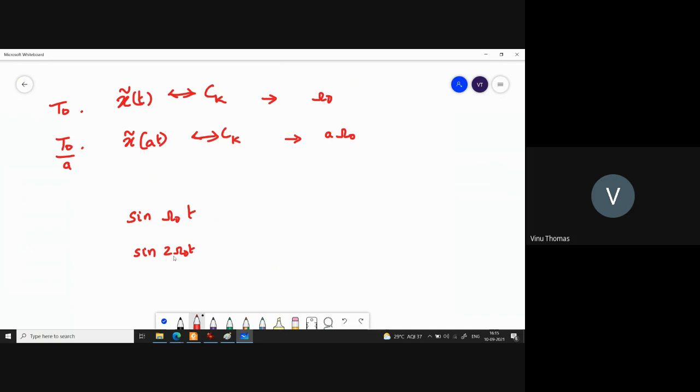So when a is greater than 1, you have a compression of the signal. For example, I'll draw an x of t here. Let us say x of t is from -2 to +2. Then I can write x of 2t as a compressed version of this signal. So x of 2t would be from -1 to +1.